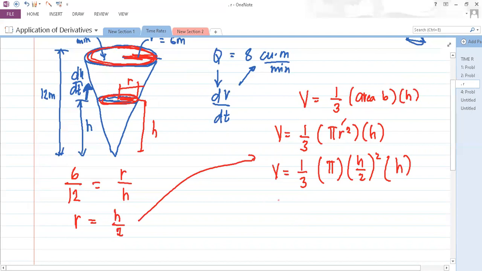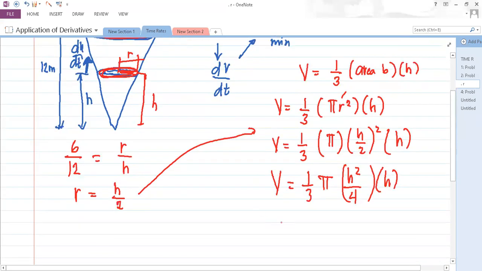So we now have the equation of volume in terms of height: 1/3 multiplied by 1/2 squared, which is 1/4, so 1/3 multiplied by 1/4 is 1/12. Pi, h squared over 2 times 2, that is 4, multiplied by h.